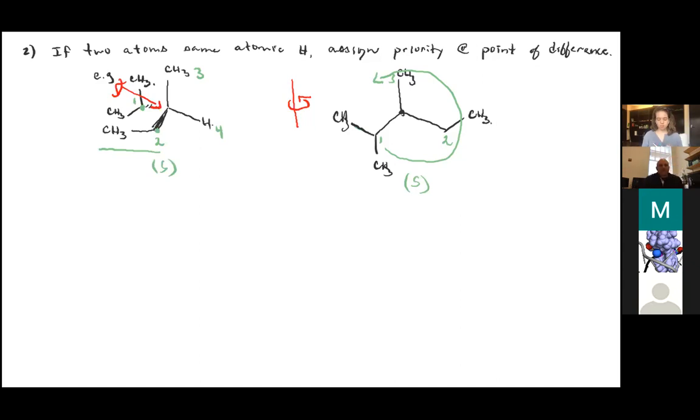So the examples I've given you are the easier cases to deconvolute because the hydrogen has been going off to the right in the plane of the board. The ones that are trickier is if you reorient the molecule such that the hydrogen's coming out at you or going up.